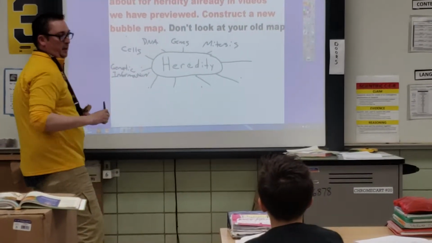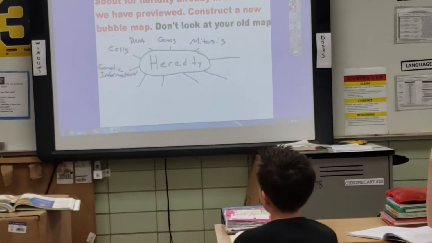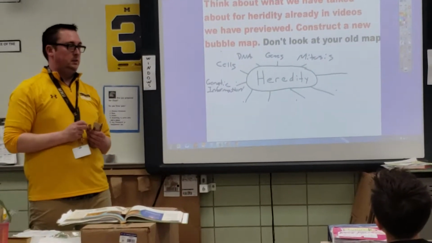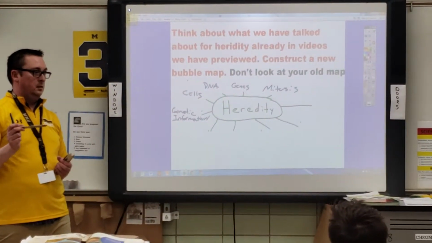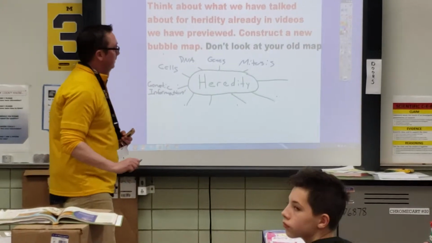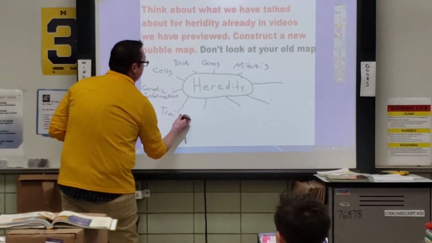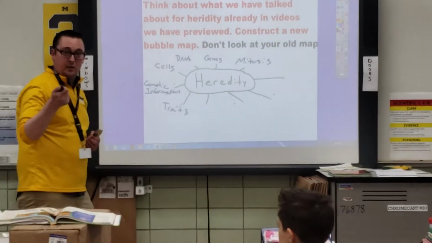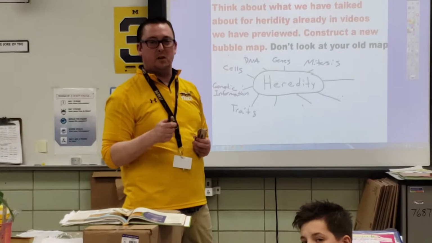Where is our genetic information stored? That word's already up there, and we talked about that when we were talking about the cell cycle. Ali Fawaz? Genetic information is stored in our DNA. Very good. Hassan? Traits. Hassan, did you finish that word I was helping you with? Yeah. What's that word?